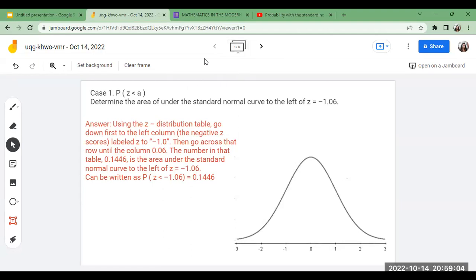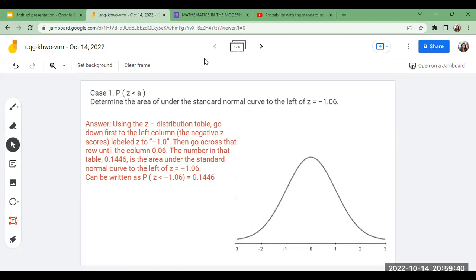Okay, so for case number one, let's find the probability that Z is less than A. And when it says less than, that is to the left. Now, determine the area under the standard normal curve to the left of Z equal to negative 1.06. So using the Z distribution table, go down first to the left column, the negative Z scores, and look for negative 1.0. That's the first decimal place.